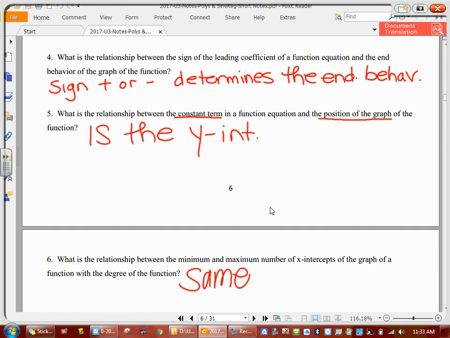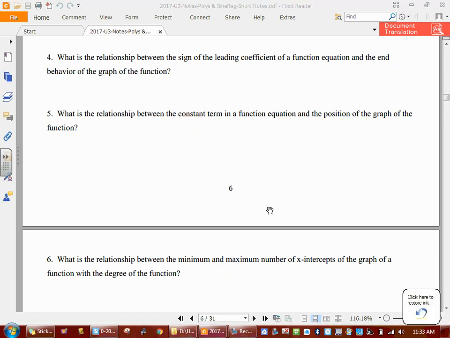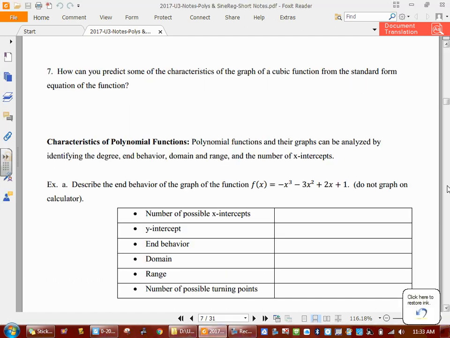Let's take a look at the other couple questions that we've got to answer. Question 7. How can you predict some of the characteristics of a cubic from the standard form? Standard should say general. It should say general form. Now, a couple things we found out about this.